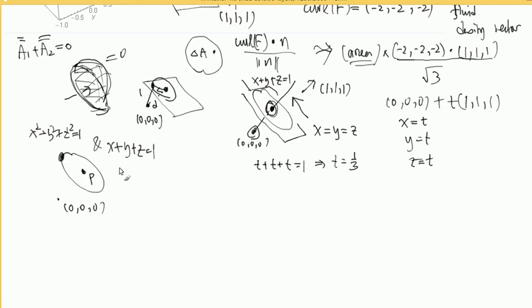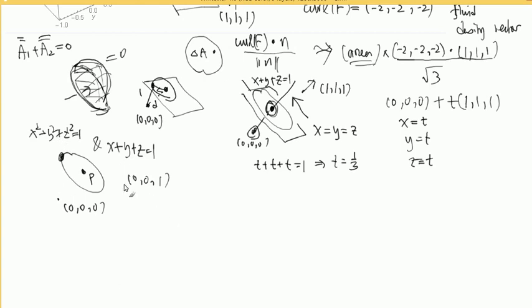Solving this equation for x, y and z, there are infinitely many solutions. Can you come up with, by inspection, a very simple solution satisfying this one and this one at the same time? 0, 0, 1. That seems like a simple one. By plugging in here, you clearly see that it's on the circle because it's on the sphere and it's on the plane.